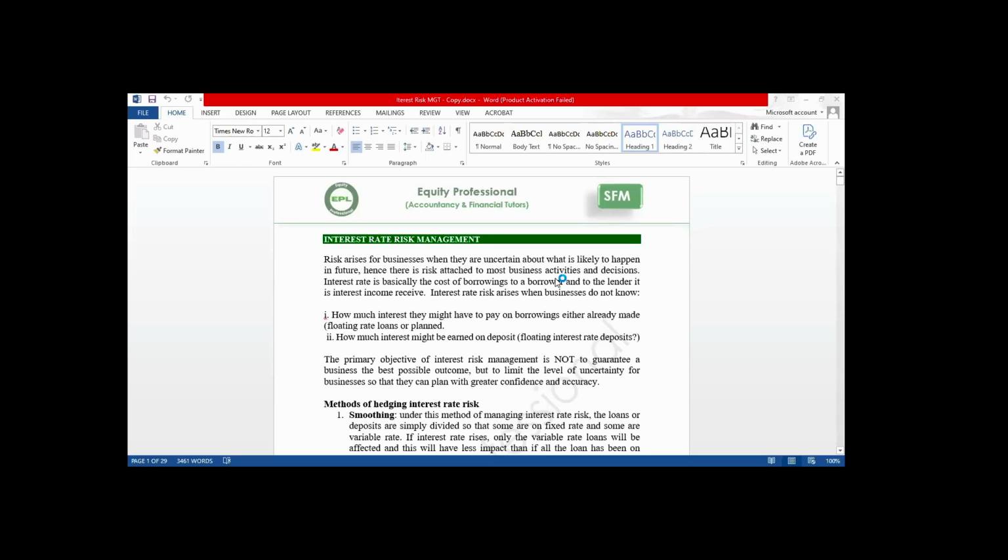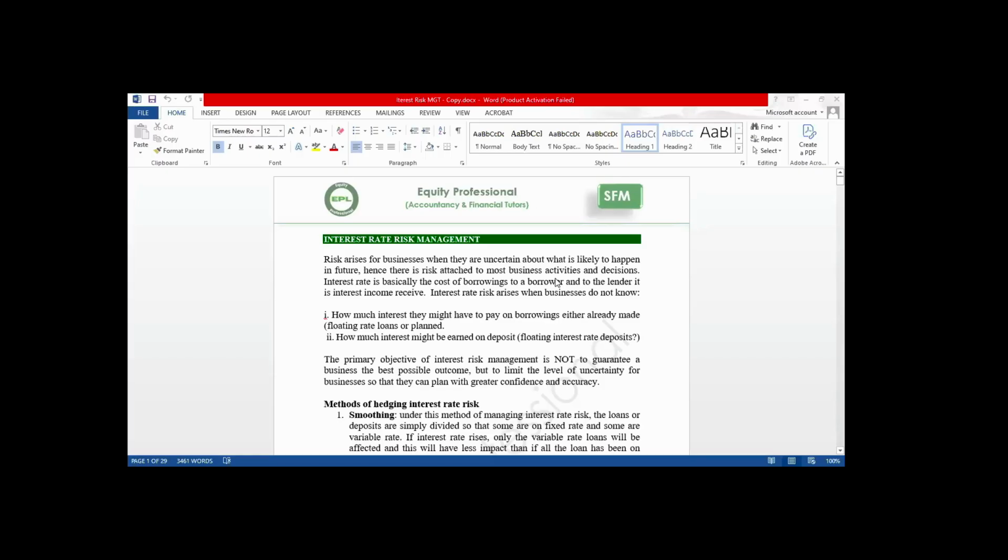Another problem of risk from interest rate is when a company is planning to borrow money at a future period. Assuming you are borrowing money now, you know the interest rate that you are going to pay now.